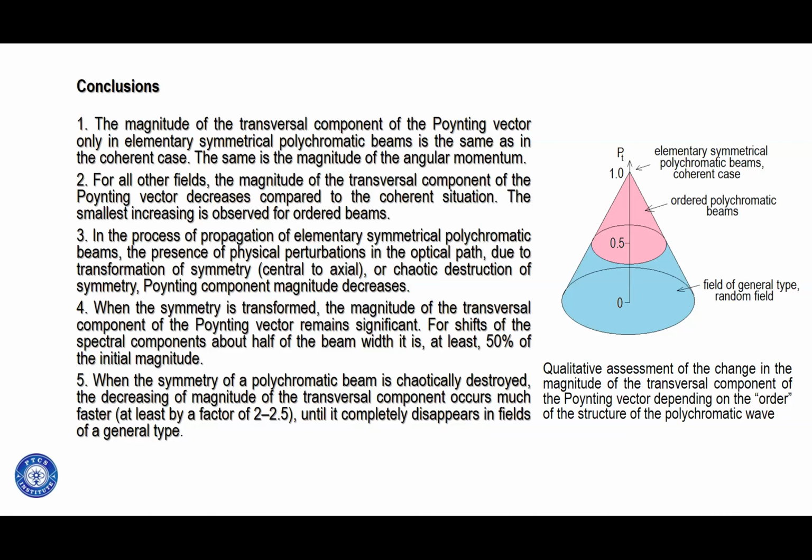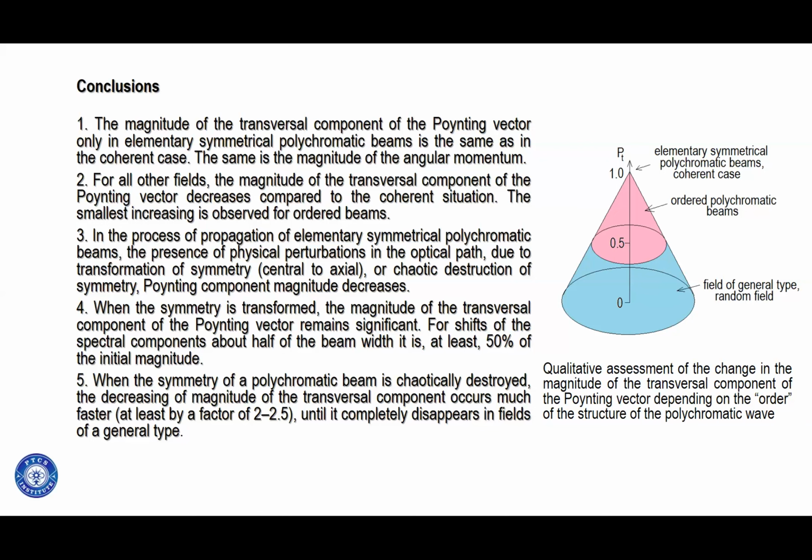For all other fields, the magnitude of the transversal component of the pointing vector decreases compared to the coherent situation. The smallest decrease is observed for ordered beams. In the process of propagation of elementary symmetrical polychromatic beams, the presence of physical perturbations in the optical path leads to the transformation of symmetry or caustic destruction of symmetry, and the pointing component magnitude decreases.